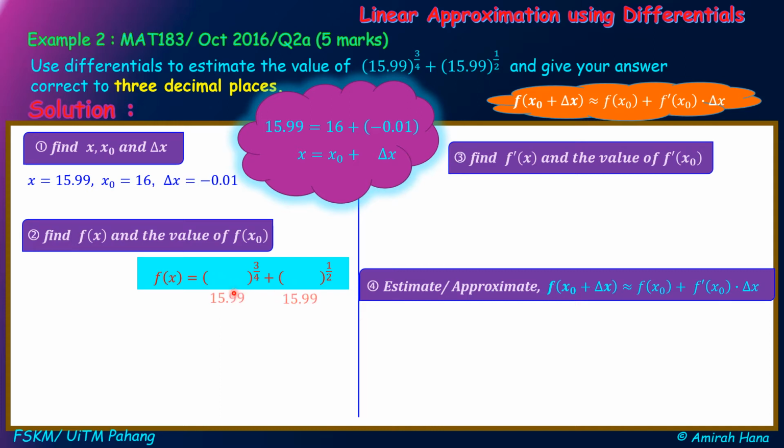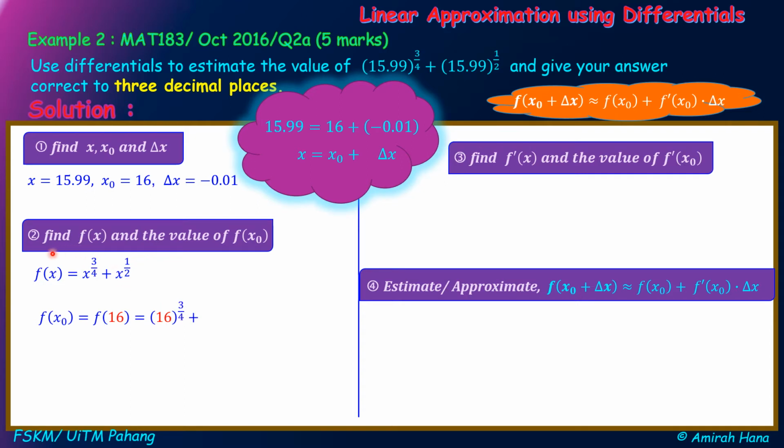It's so simple: we just replace 15.99 from the given question by x, because 15.99 equals x. So we get f(x) equals x to the power of 3 over 4 plus x to the power of half.